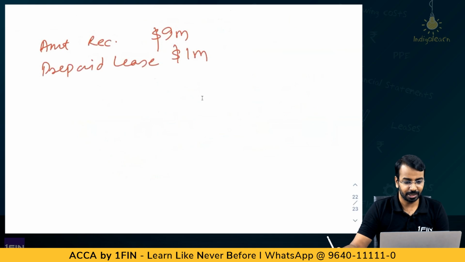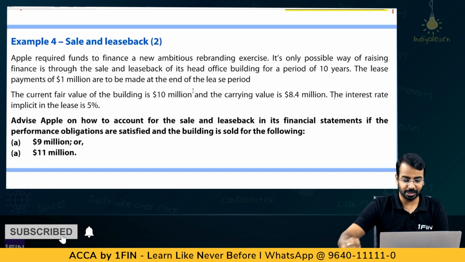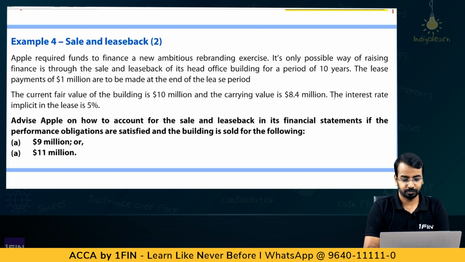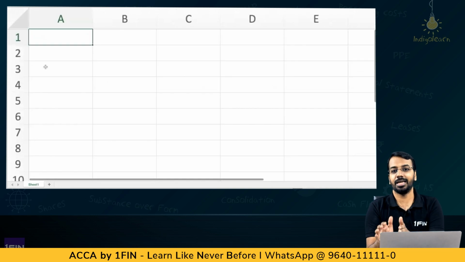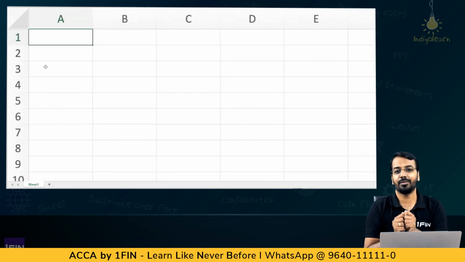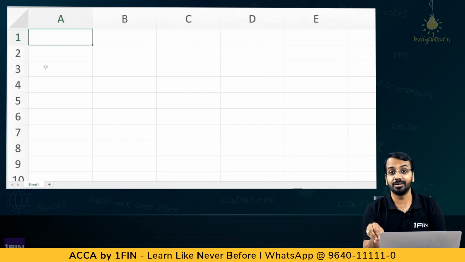Then there is a lease back of 1 million for a period of 10 years, so we have to calculate the right of use asset. Let me open an Excel, it will become faster. So, one transaction is the sale: we have given 10 million worth of property and received 9 million, and that 1 million is considered as if we have paid the rentals in advance.